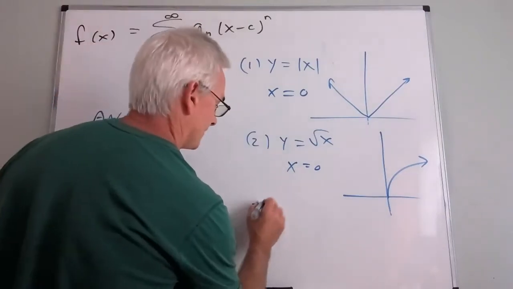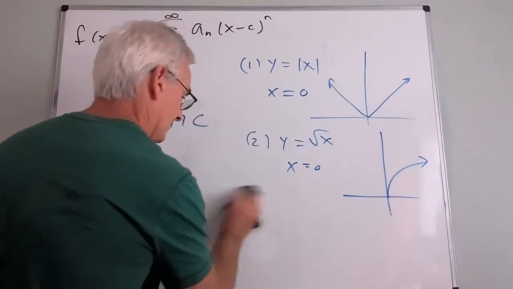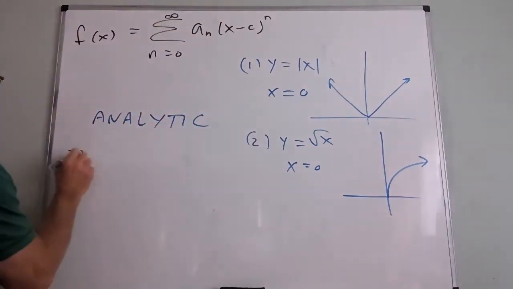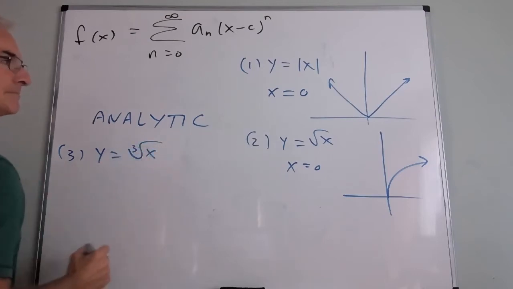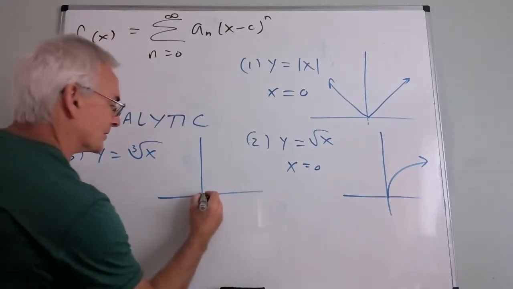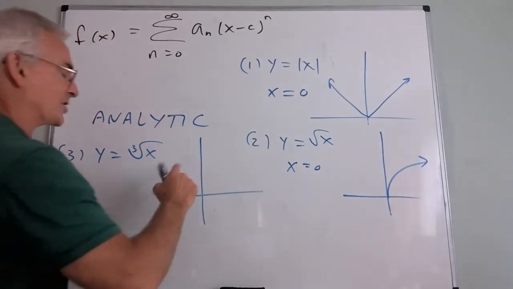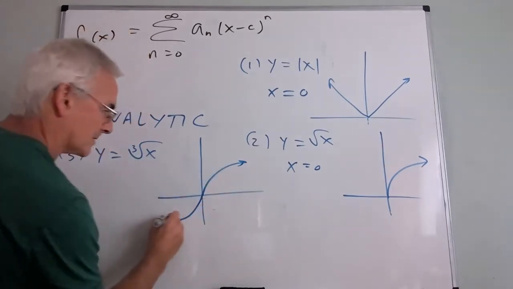Third one, y equals cube root of x. I'm giving you the types; these are just the easiest functions. Now, you know what the cube function looks like. The cube root looks like this.